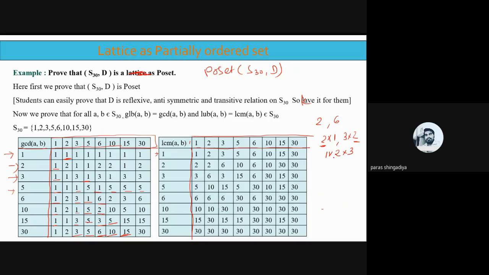Clear? 1 into 2 into 3, then the answer is equal to 6. So this 6 is called the LCM of 2 and 6.